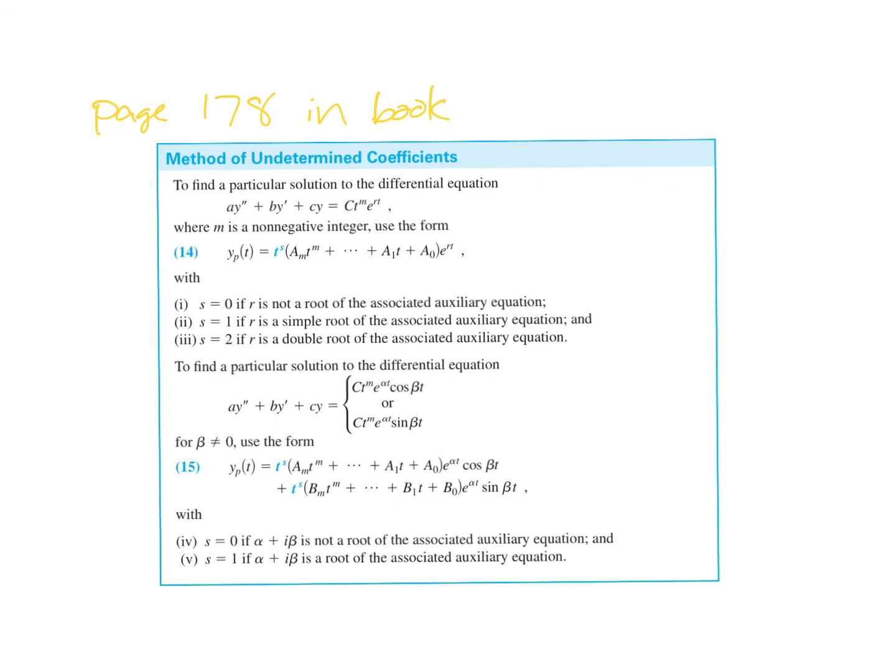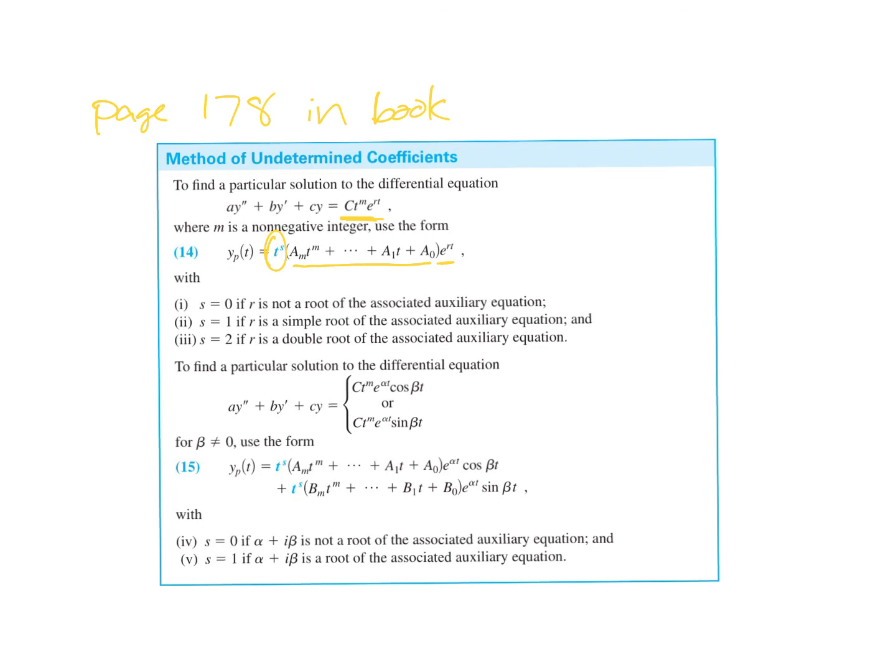To find a particular solution to your non-homogeneous equation when your right-hand side is a power of t times an exponential, your guess is going to be the same thing we had in the first table, our polynomial of power m and our exponential. But we will need to add this t to the s.